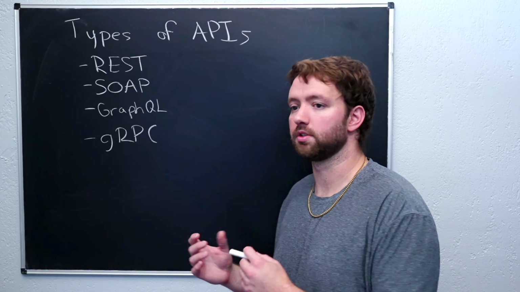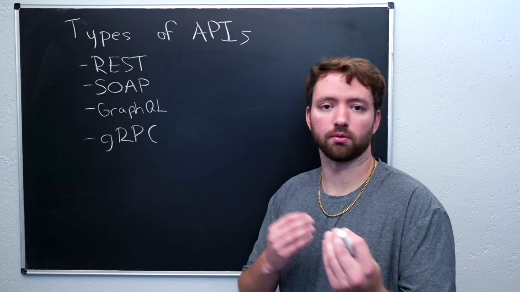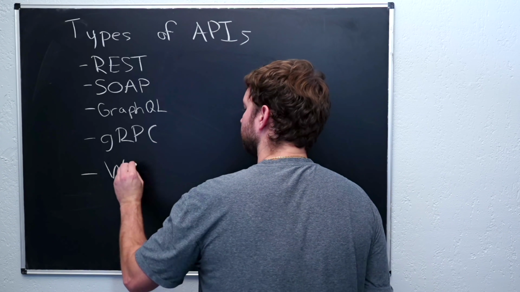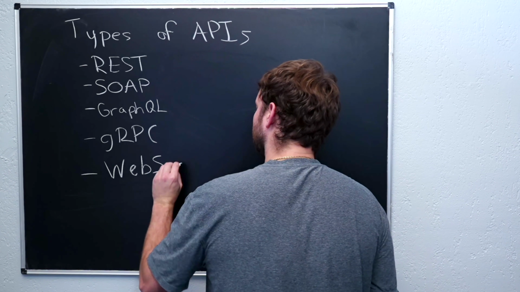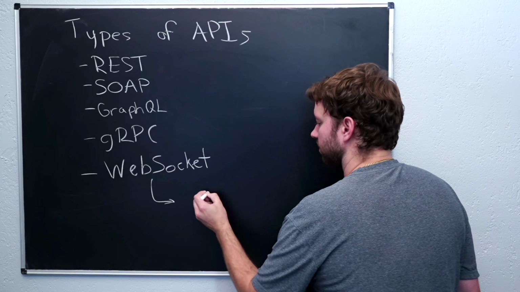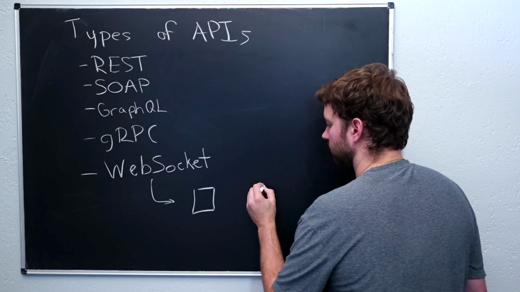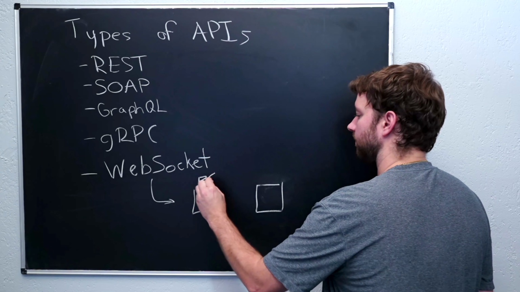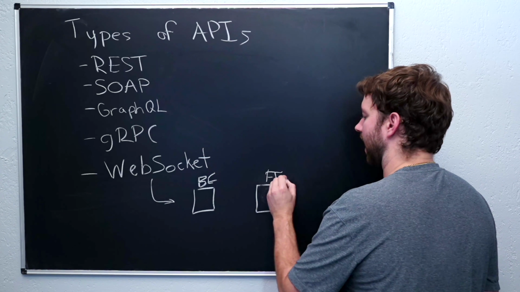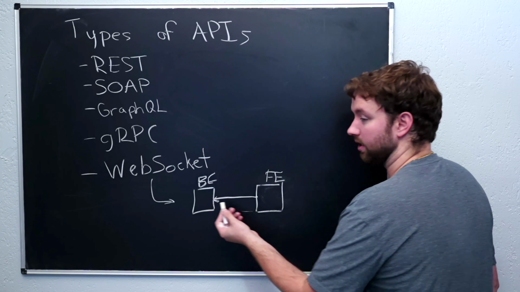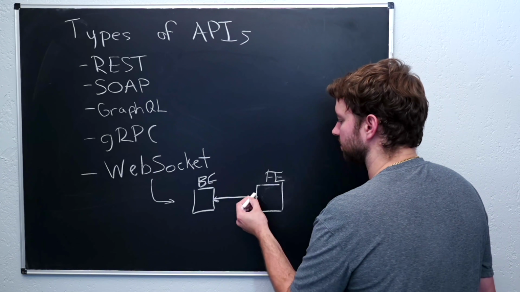You can also use things like WebSockets to interact between apps. So you can build a WebSocket API. And a WebSocket is a bidirectional channel to communicate. So if we have a backend and a front end, or two apps, they don't have to be back end, front end. We typically, with a REST API, will make a request to the backend, and then the backend gives a response.